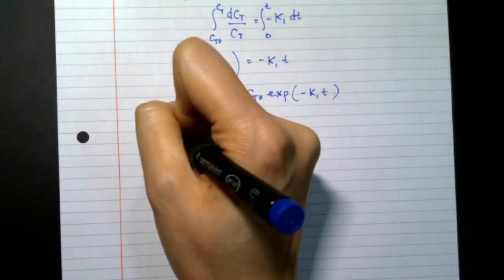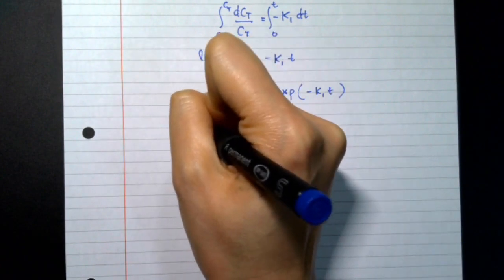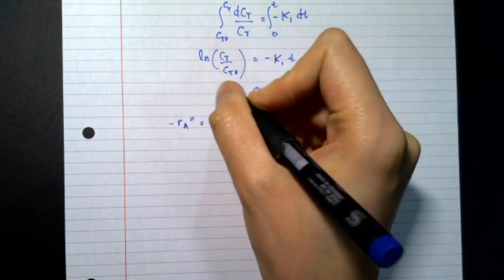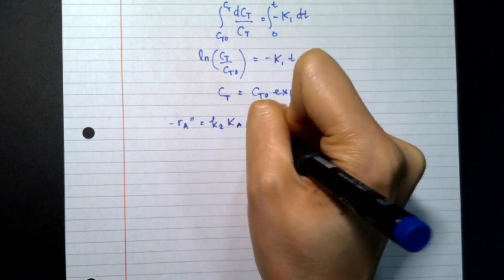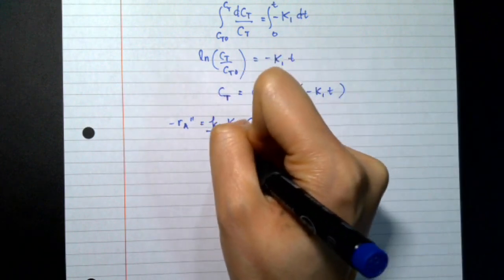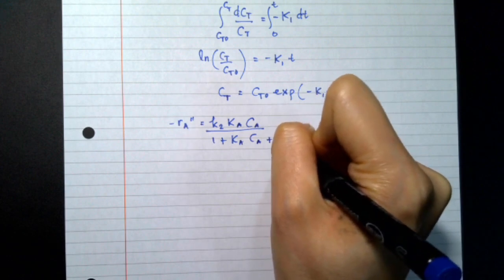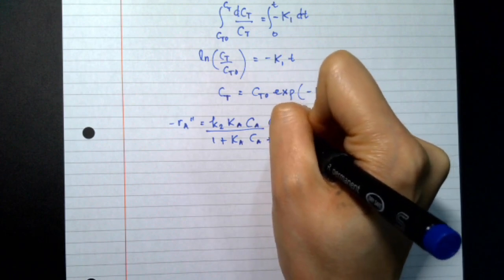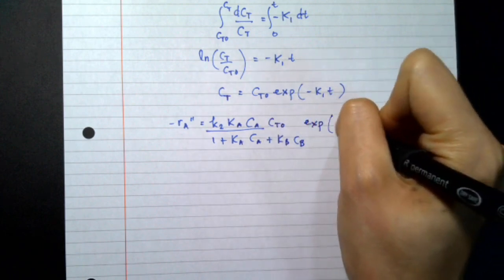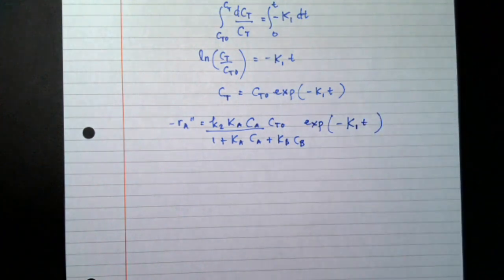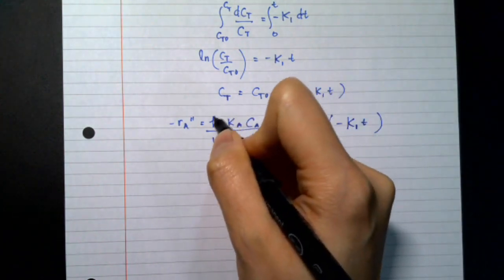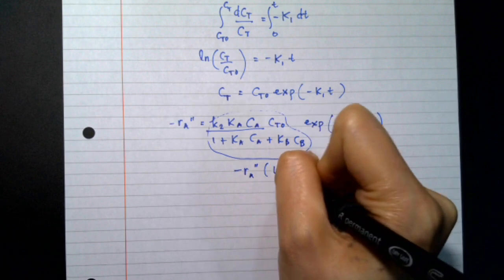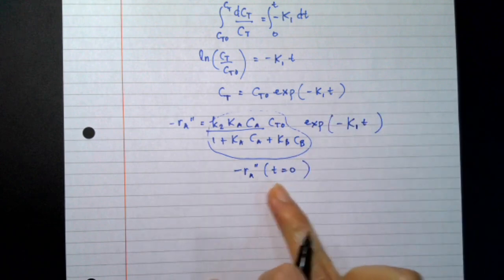So we can write negative Ra double prime. This is equal to K2 Ka Ca over 1 plus Ka Ca plus Kb Cb times Ct. Ct is this Ct0 times exponential negative K1 t. So again, this term here is our rate at time equal to 0 when the catalyst is fresh.